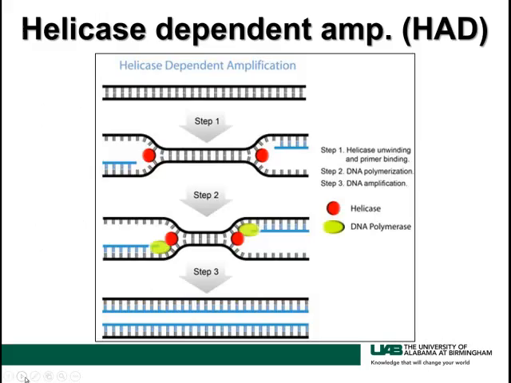So let's begin. Helicase. How is helicase used? Well, I'm just going to describe one use for the helicase enzyme, and that is for the amplification of a DNA template, just like we do in the PCR.